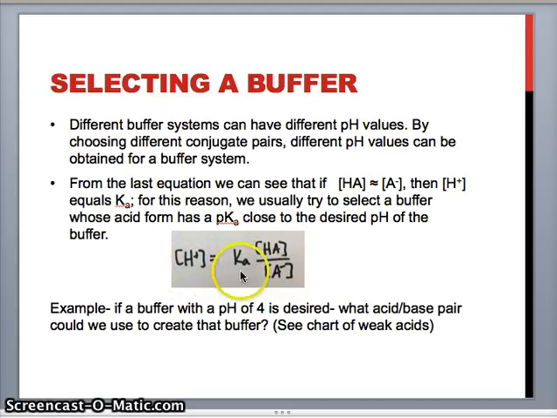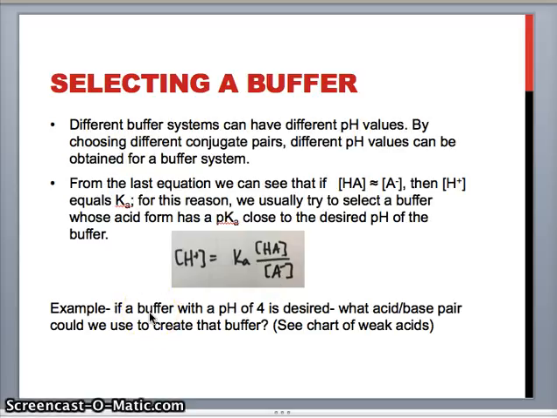If we took the negative log of both of those sides, then our pH is equal to our pKa. Remember, pKa is just the negative log of the Ka value. So if we know the Ka values or the pKa values of different acids, that's going to tell us what pH that buffer system is going to make if we use the same amount of both the acid and the base, at the same molarity.